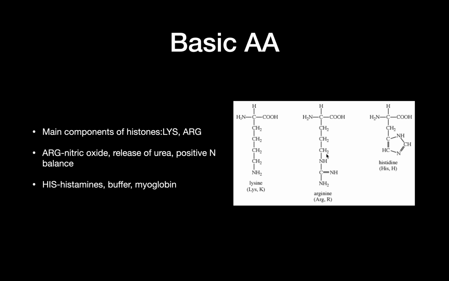And that means that once this is degraded, it allows like 3 molecules of nitrogen to remain in the body. Histidine is the precursor to histamine, and it is a major buffer of plasma because its pKa is around 6, and it has a role to play in myoglobin.